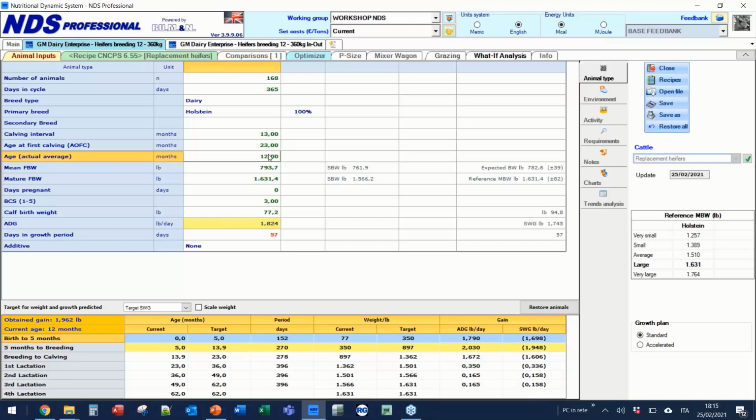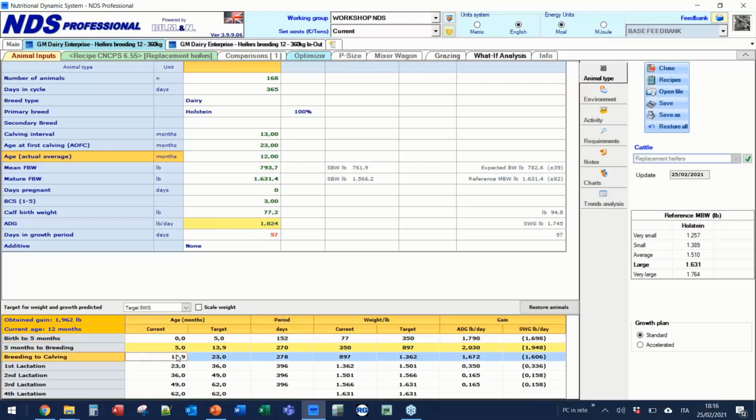In our case, we are at 12 months of age. We are working with a breeding group, so we are moving from puberty to the breeding. And the breeding should happen a little earlier than 14 months, because we set the age at first calving at 23 months.